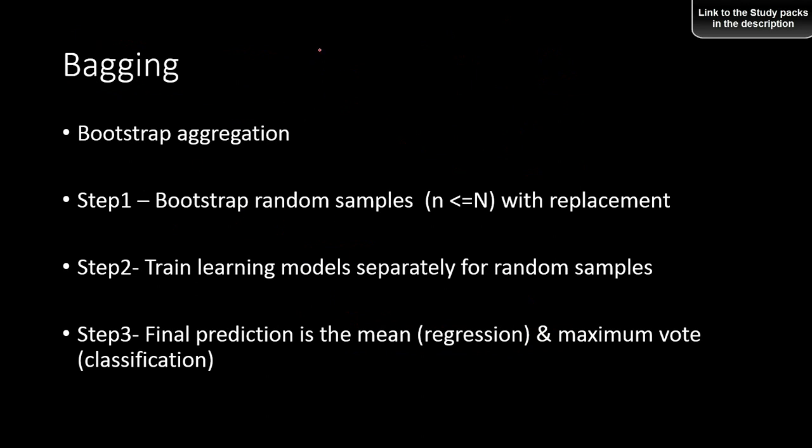Okay, before getting into random forest, let's try to understand what bagging is, because random forest is just an improvement on bagging. Bagging is nothing but bootstrap aggregation. What we do in bootstrap aggregation is follow three important steps. In step 1, we take random samples from the main sample.